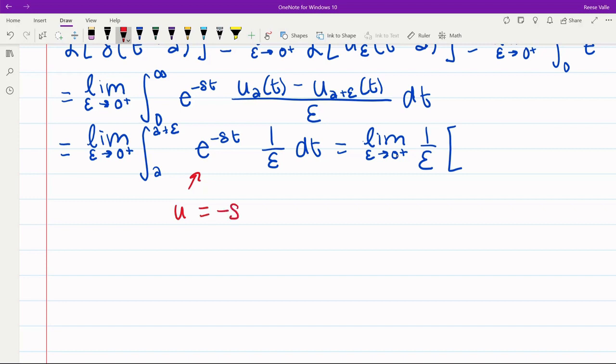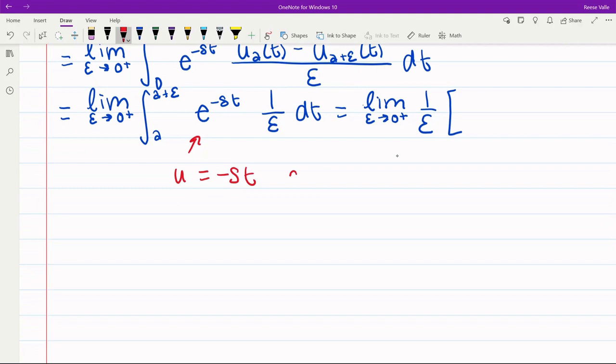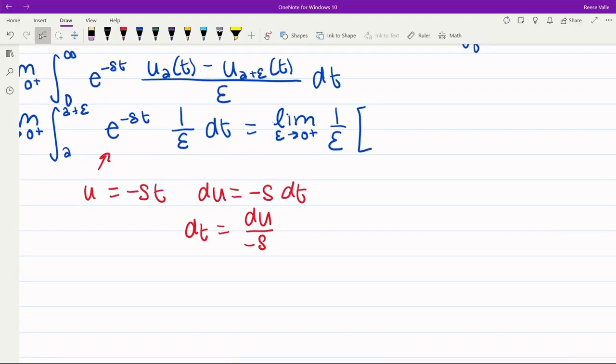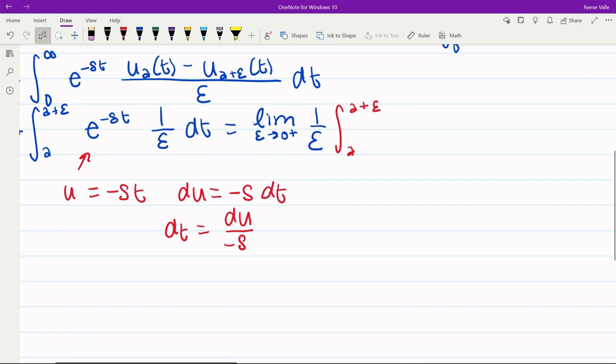So u equals negative st, du equals negative s dt, and so dt equals du over negative s. You're just going to substitute that in, from a to a plus epsilon, e to the u times negative 1 over s du.